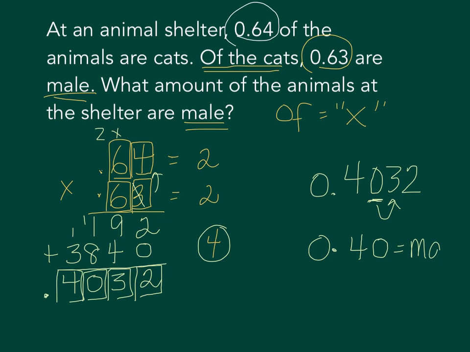And that makes sense because 64 hundredths of the animals were cats, and only part of that 64 hundredths are male. That was the 63 hundredths. So in total, really only 4/10 of that 64 hundredths of cats are male.